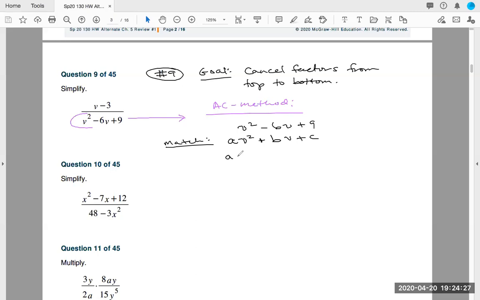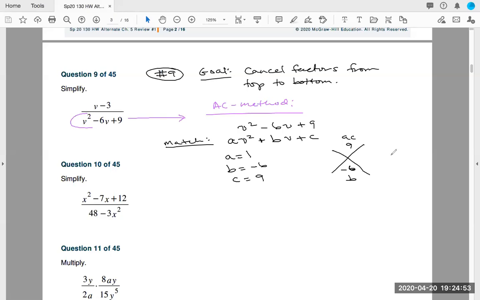So that tells me that a is 1, b is -6, c is 9, and then on the top is a times c, on the bottom is b. A times c is 9, b is -6.